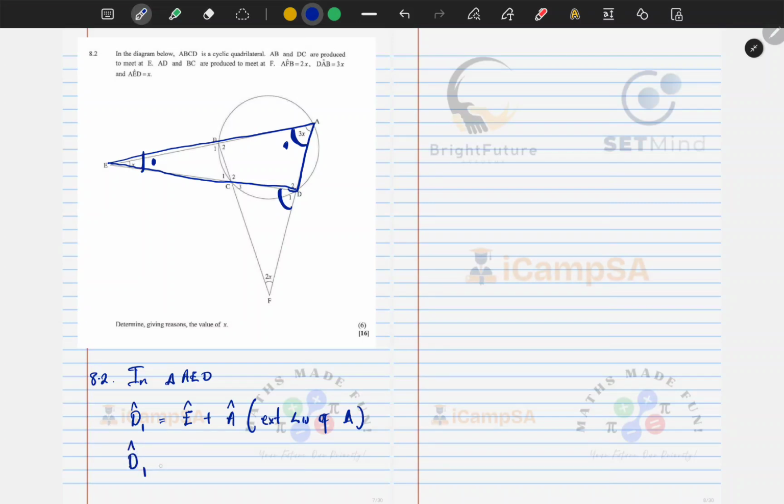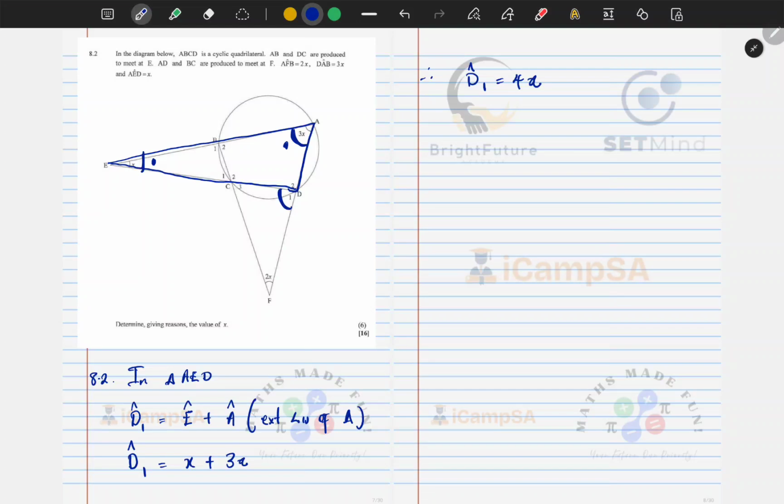So D1, what is E? E is equal to x. What is A? A is equal to 3x. So therefore, your angle D1 is going to be equal to 4x.